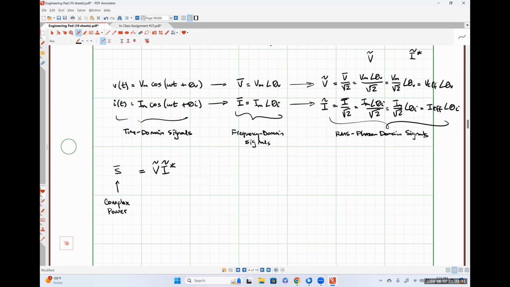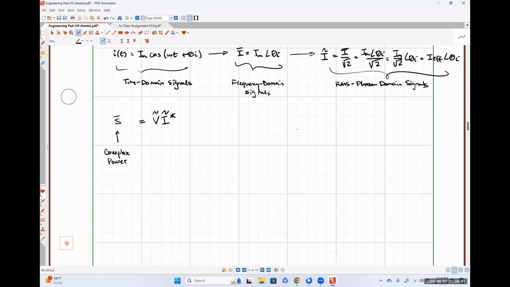But all of those powers that we've calculated to this point have not been with complex numbers, okay? So electrical engineers effectively invented a unit for complex power that helps us to differentiate complex power from the average power that we've been calculating up to this point.